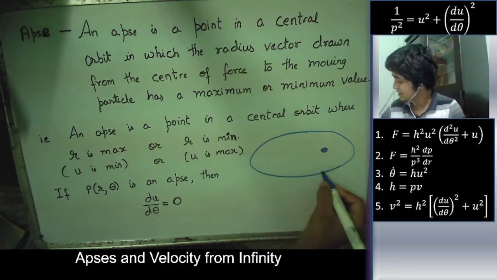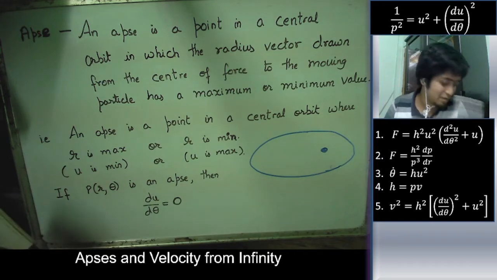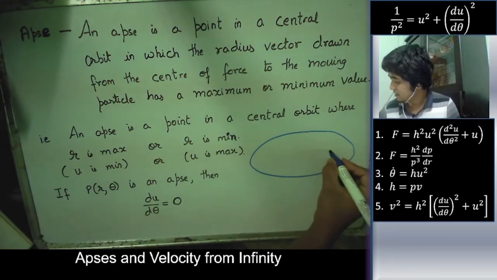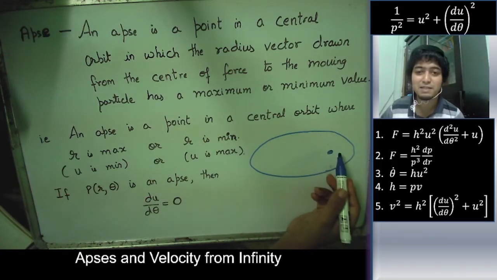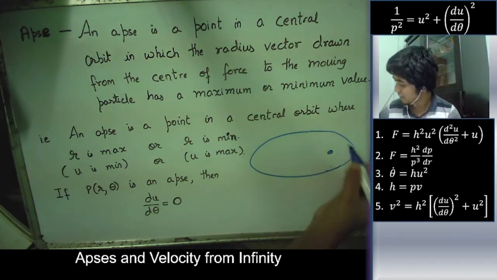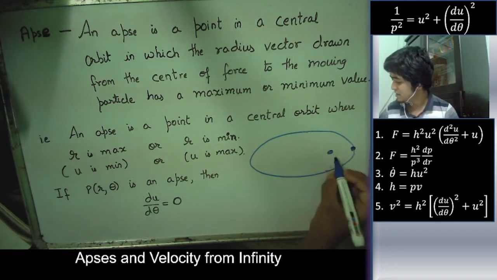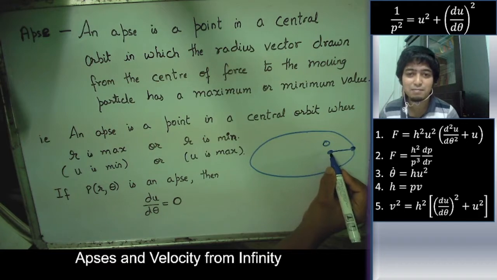What it's saying is, the point which is at a maximum or minimum distance. If you notice this point and measure the distance from O, which is the center of force, it is the minimum.